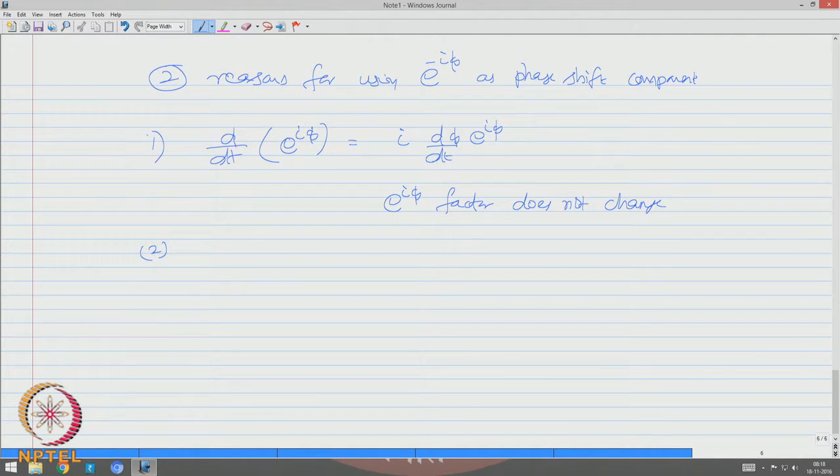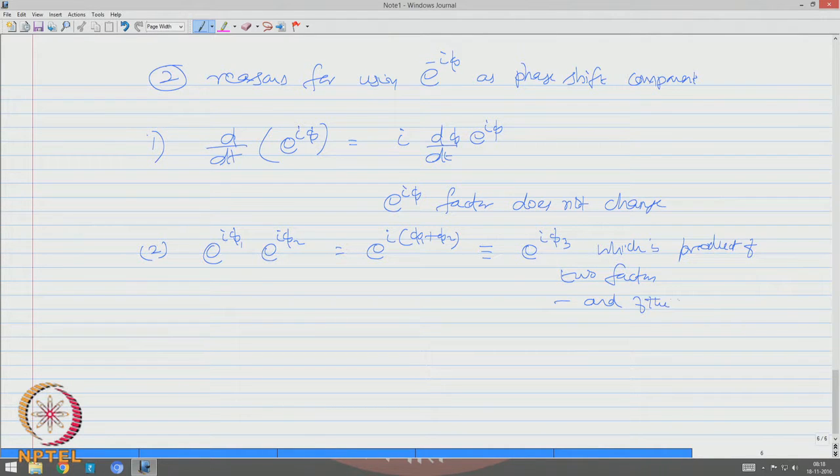The second advantage is that e power i phi 1 times e power i phi 2 can be simply e power i of phi 1 plus phi 2, which can be said as, let us say, e power i phi 3, which is the product of two factors and of the same type of e power i phi.